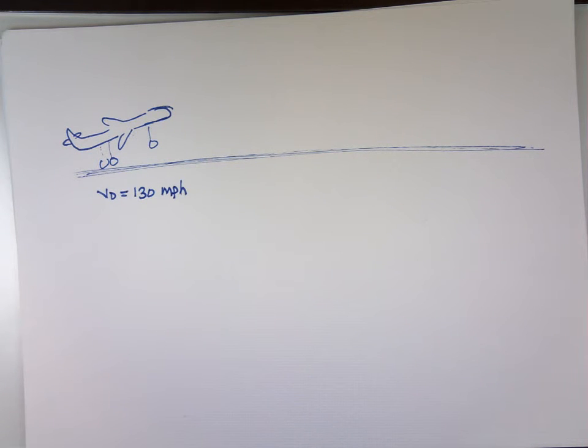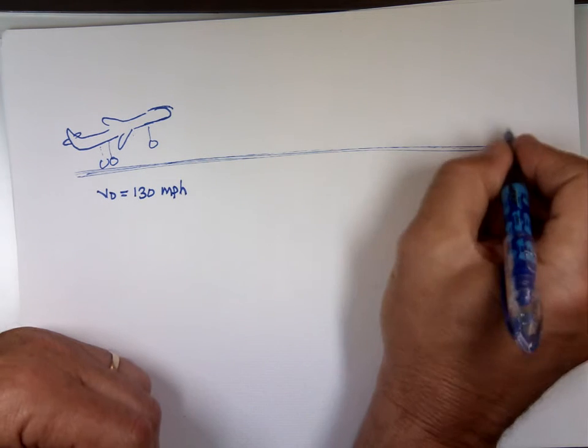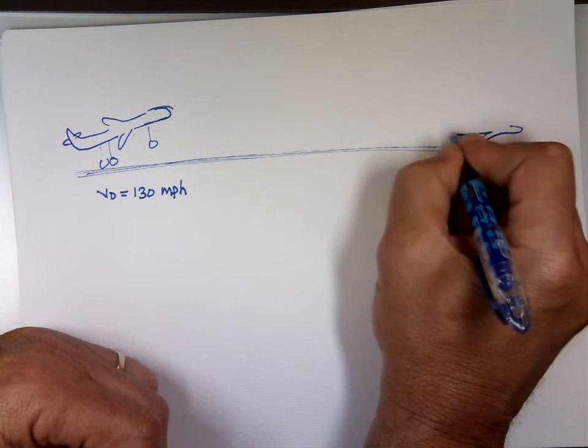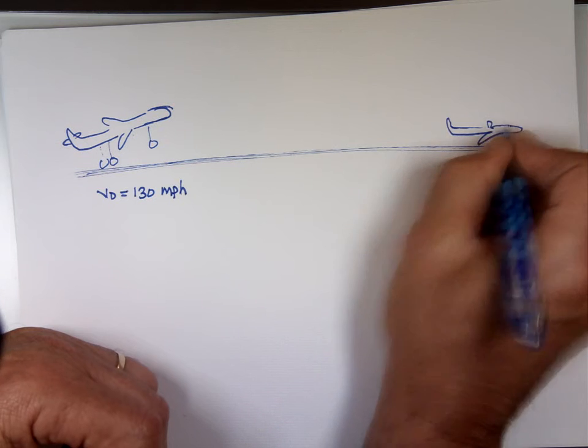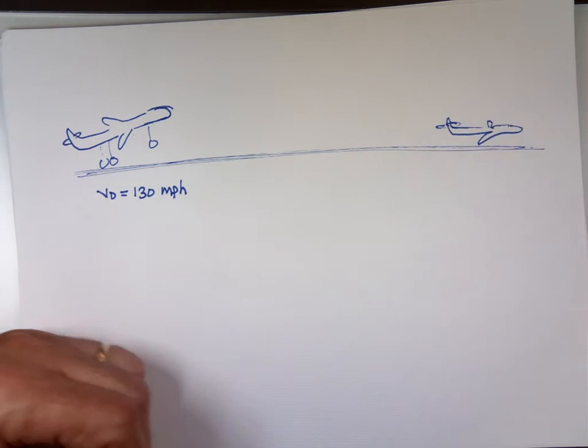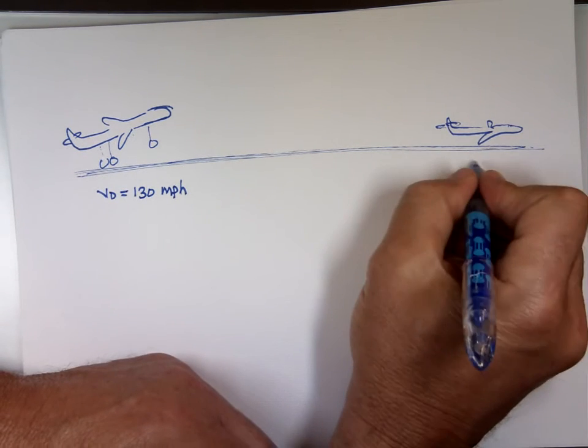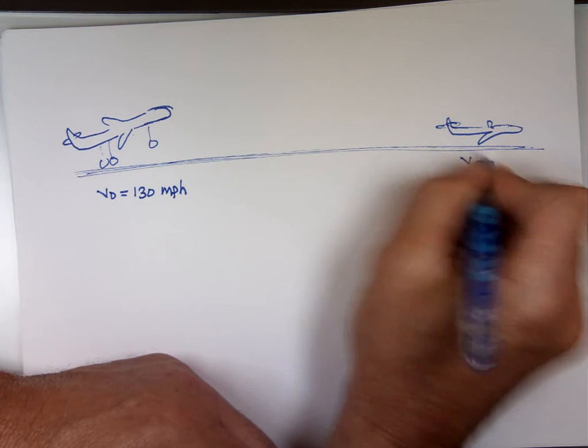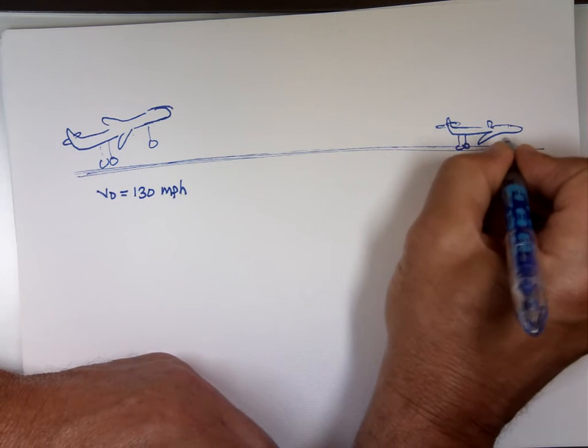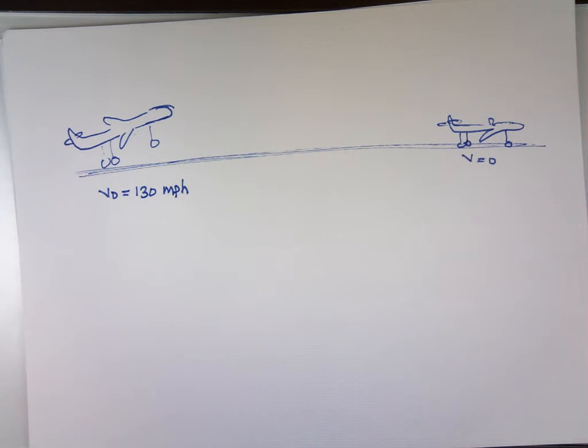Now the plane is parked here on the runway. And final velocity is 0. Next time you fly, if you stand by the window and look at the runway, you'll see numbers 1, 2, 3, 4, 5, 6.